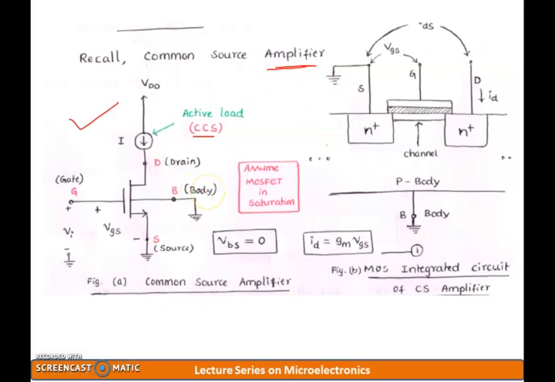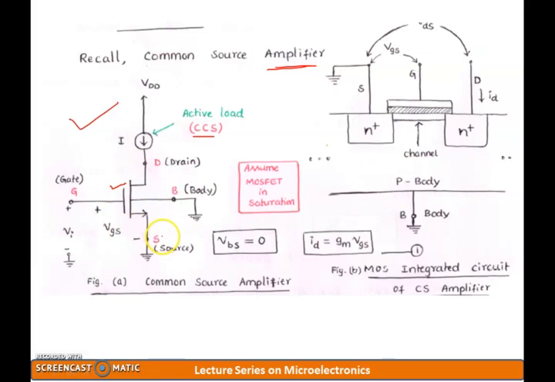While doing the experiment I will ensure that the MOSFET is in the saturation region, but when I am theoretically analyzing or explaining the concept, I need to assume that this MOSFET is in the saturation region.